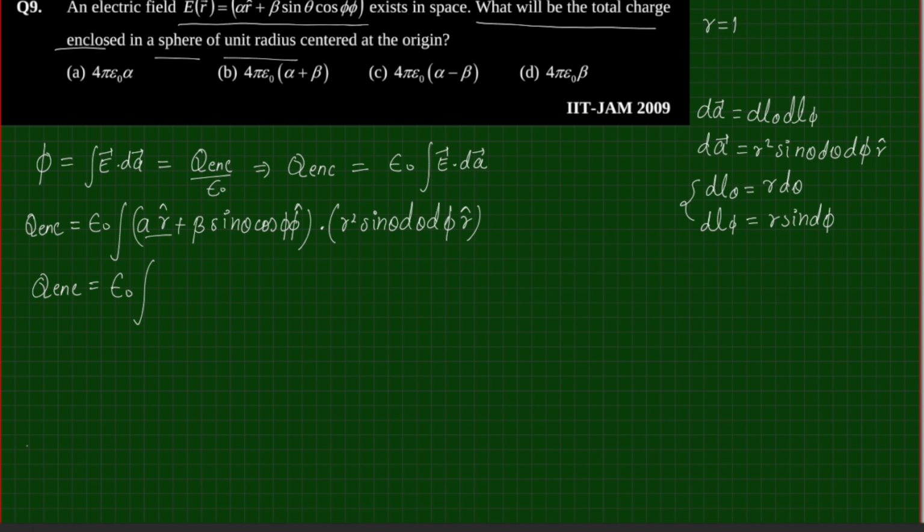First doing with this, that will become a r square sin theta d theta d phi, r cap dot r cap, plus epsilon naught beta r square sin square theta cos phi d theta d phi, phi cap dot r cap.